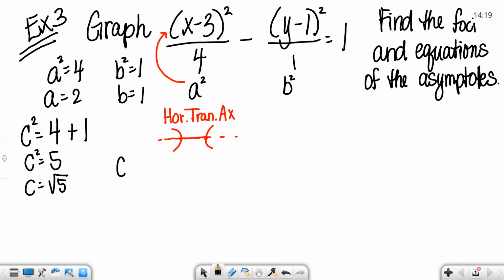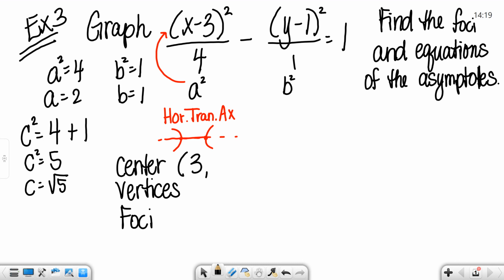Before I try to graph, I'm going to talk about the center, my vertices, and my foci. My center, this time there is an h and k up there. For h, remember you take the opposite sign. My h is positive 3 and my k is positive 1.